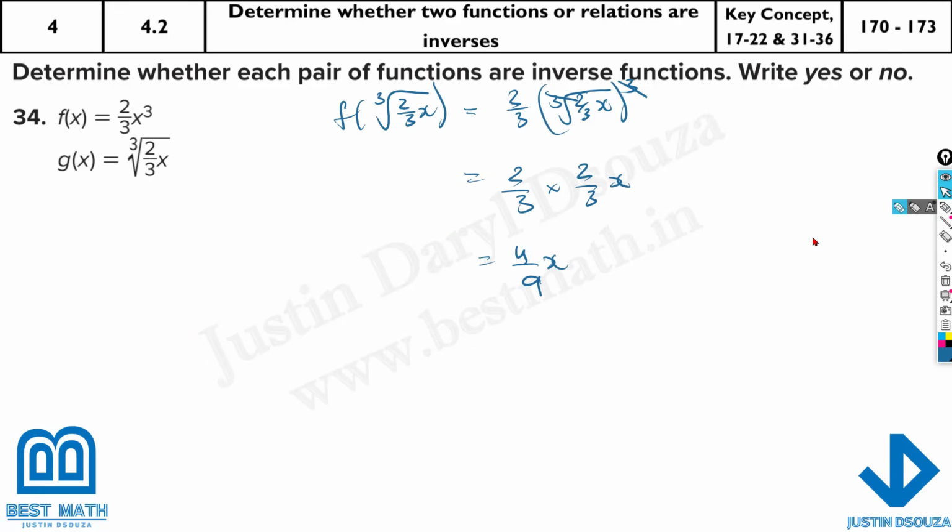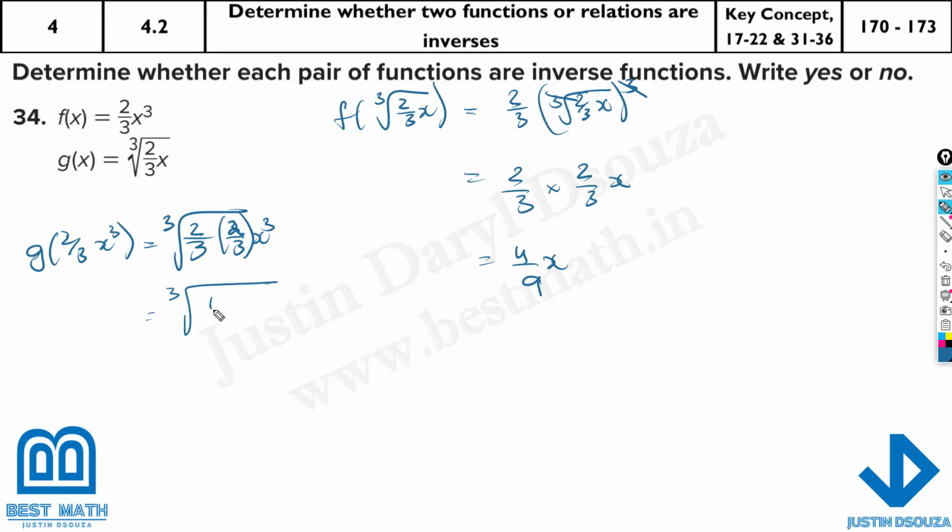Then we just do the other side as well. If you're trying to do it from the function g of x, that's also possible. You can do this first. 2/3 x cubed, that will be equal to, here the cube root stays the same, but instead of x, you have 2/3 x cubed. Now it's going to be cube root of 4 by 9 x cubed.